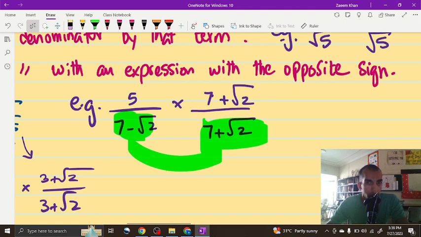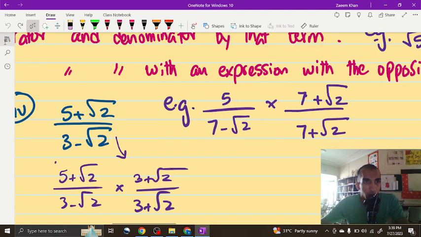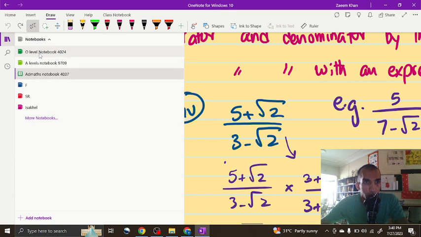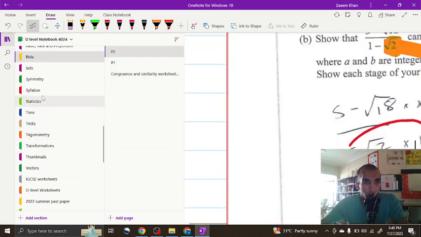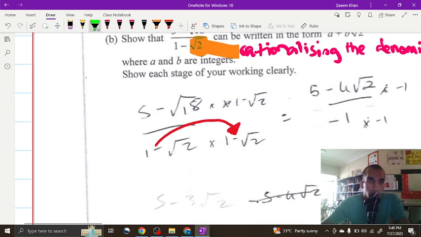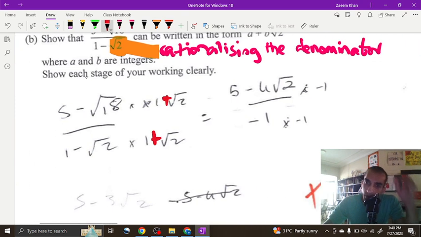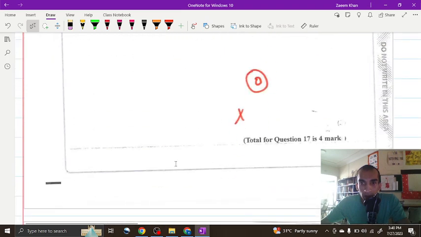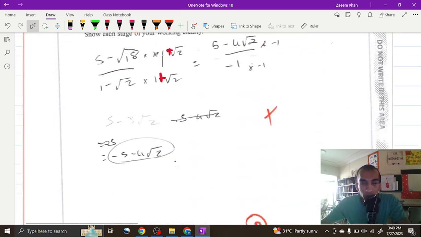You change the sign. Always change the sign. Rida, all you needed to do was put in a plus sign. It would have been correct. That is sad. How many marks did you lose for this? 4.